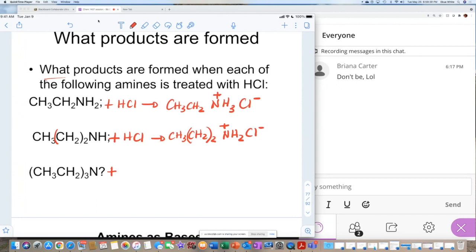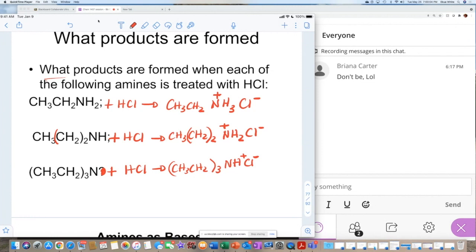Same thing over here. What is this? I don't know what that is. HCl, CH3, CH2, the 3 of these. Okay, well, the N currently has no H. It gets an extra H plus a Cl over here.